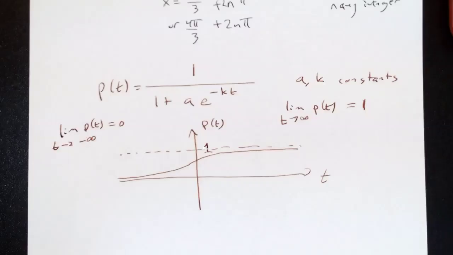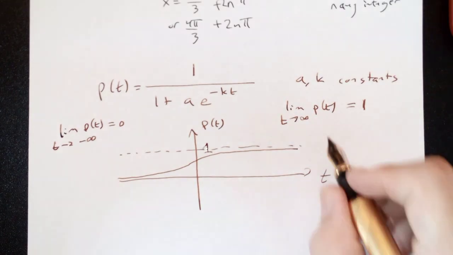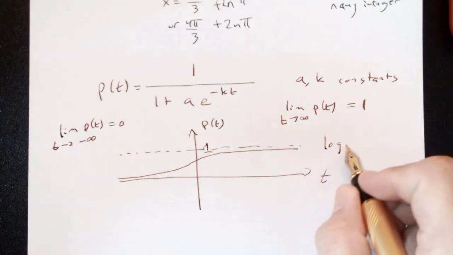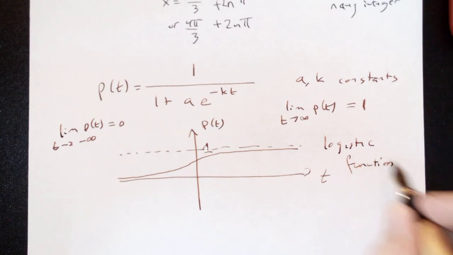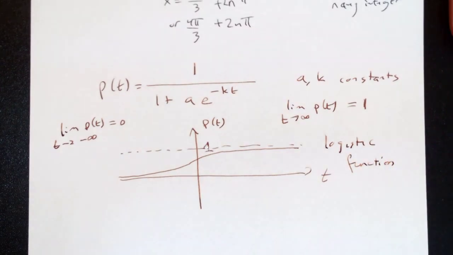This graph looks like an elongated S-curve. It's called a logistic function, and it has to do with growth in restricted environments.